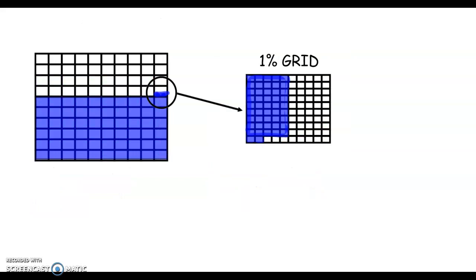Okay, what about this one? We can see that 1, 2, 3, 4, 5, 6 by 10. So this is 60 plus a little bit. If we look at this, it looks like 60.5.